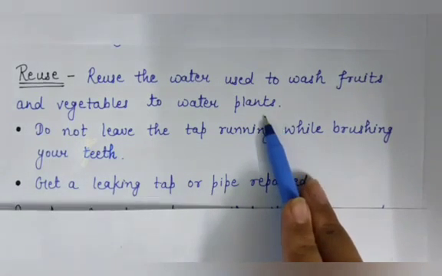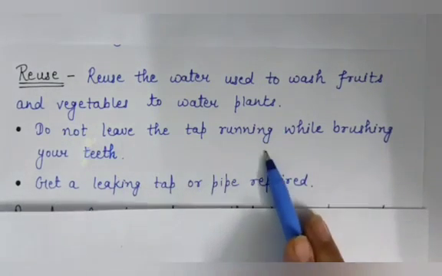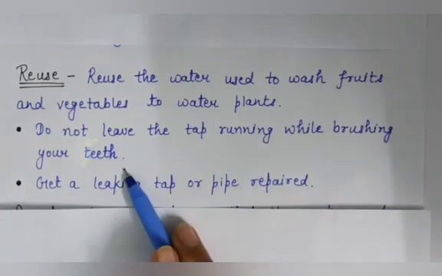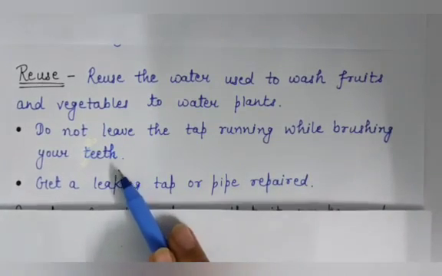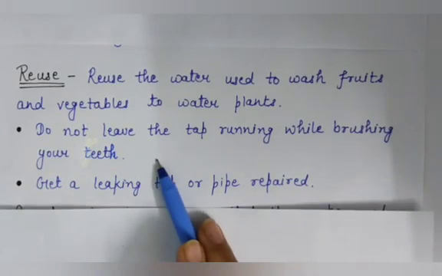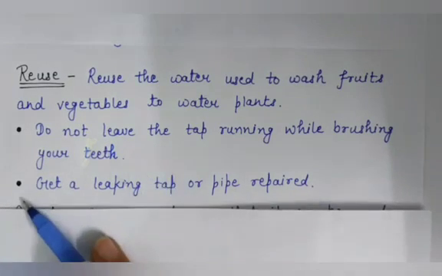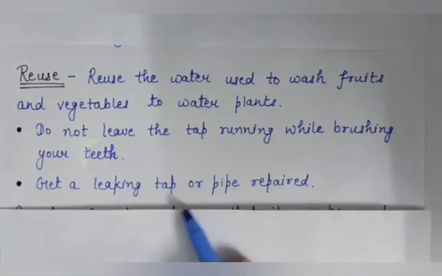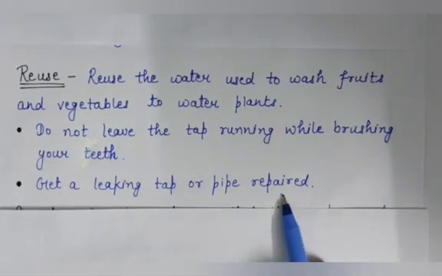It means we can give that water to the plants. Okay, and do not leave the tap running while brushing your teeth. Okay, because it will waste the water. Okay, get a leaking tap or pipe repaired. It means if a pipe or a tap is leaking, then we should repair it on time. Okay.